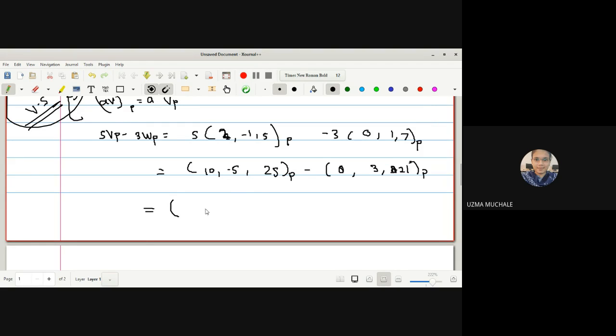So 10 minus 0 is 10, minus 5 minus 3 will be minus 8, 25 minus 21. What is the resultant? 10, minus 8, 4 at a point P.